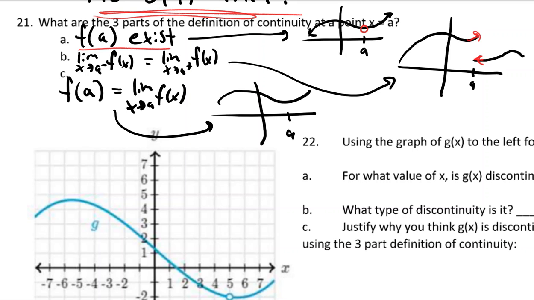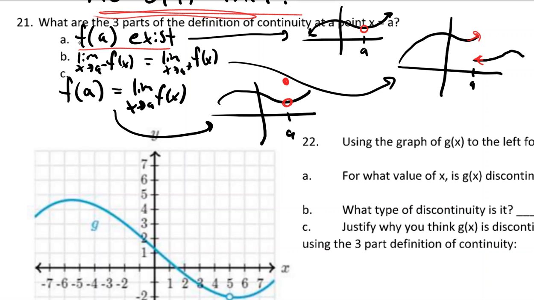So I do that, and here's a point. Well, for this graph, this is not continuous because it's got a hole in the graph. It jumps up here momentarily, just for an instant. So it's not really so much a jump, but there's definitely a break at x equals a.